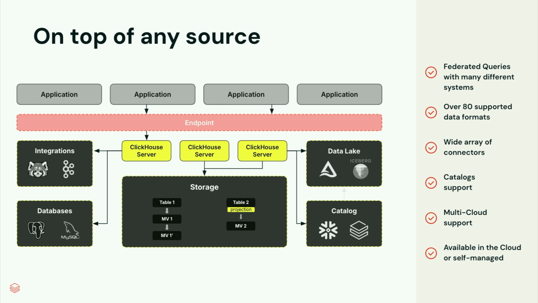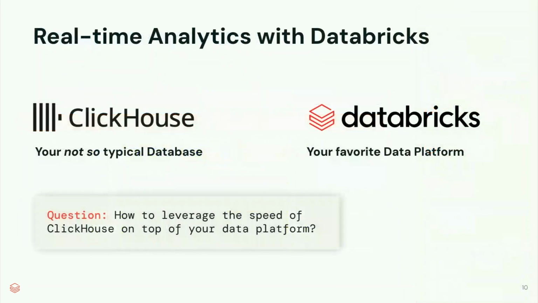You support ClickHouse native formats, and then you need to support Parquet files, and then JSON and CSV files, and then you need to start developing a complex query engine. And today I'm going to talk to you about how we did it for Delta Lake in particular, because I think there is a lot of development that has been happening in that space that made this integration very good.